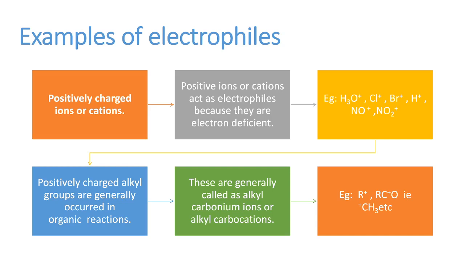Next, positively charged alkyl groups are generally encountered in organic reactions. Here we considered positively charged ions where no carbon is present, but in organic chemistry, we come across positively charged carbon compounds. These positively charged alkyl groups are generally known as alkyl carbonium ions or alkyl carbocations.